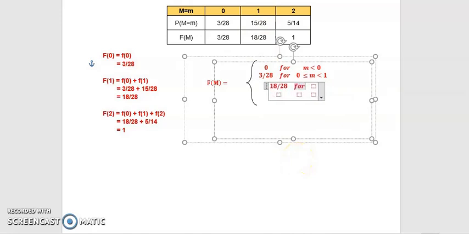So 18 over 28 is for m greater or equal to 1, but less than 2. Last one, probability equal to 1 is for m greater than or equal to 2. So if m equal to 2, the probability is 1. For example, if m equal to 4, the probability also equals 1.